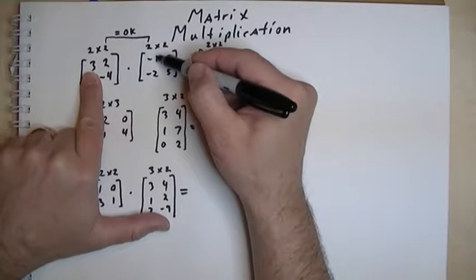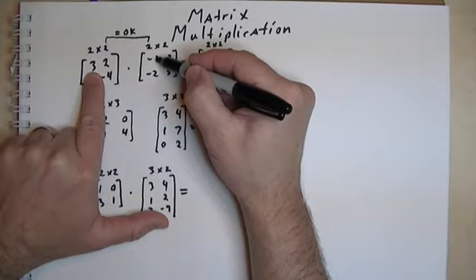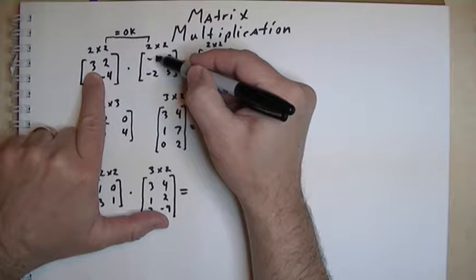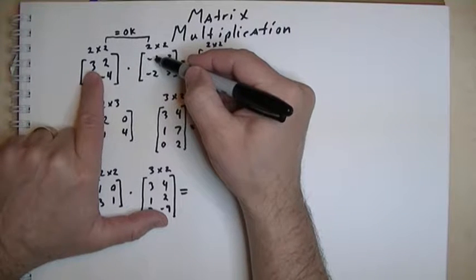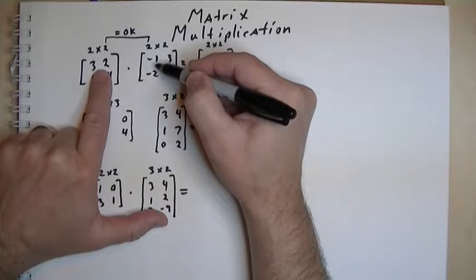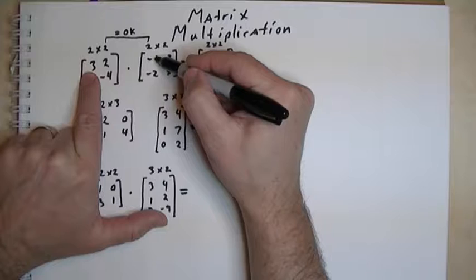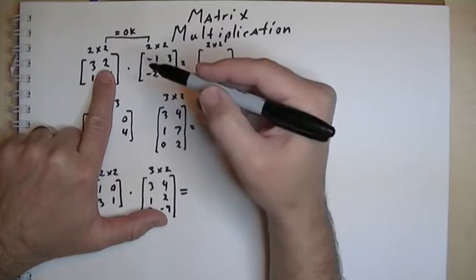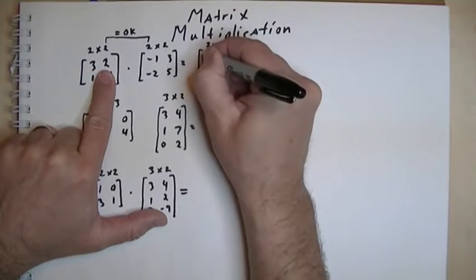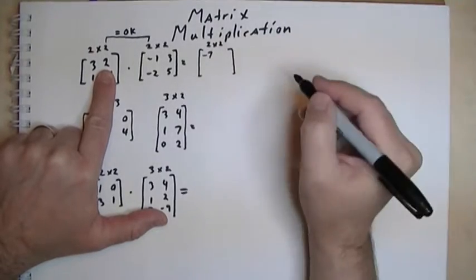You start with the first one in the row and the first one in the column, and you multiply them. So you get 3 times -1 is -3. Store that away in your brain. Then you take the 2 times -2 and you get -4. So now I've got -3 and -4. I combine those with addition and get -7. And I've got the first row, first column.